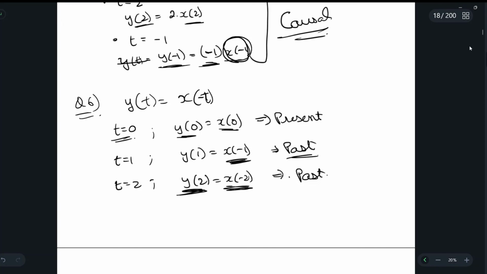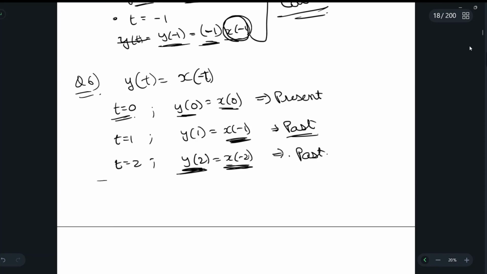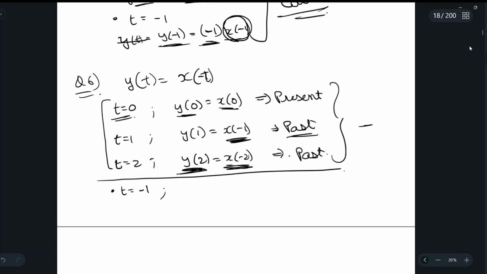So this is also the past value, that is the output y is dependent on the past value of the input. Now let us see another case in this question itself. Now let me put t is equal to minus 1. Suppose if you don't test for negative values of t, then if you see this, you will write the answer as causal, which will be wrong, because there is another case. Suppose if I put t is equal to minus 1, then I will get y of minus 1 is equal to x of 1.